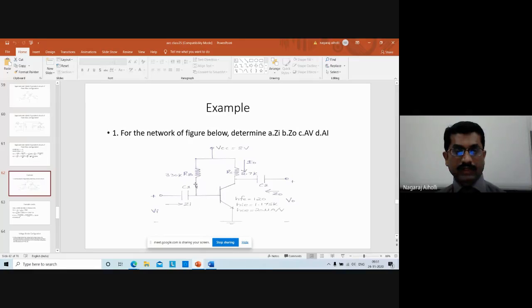There is C1, RB is 330 kilo ohms, VCC 8 volts, RC 2.7K, C2, HFE equal to 120, that is beta, HIE is equal to 1.175 kilo ohms, HOE that is 20 microampere per volt.